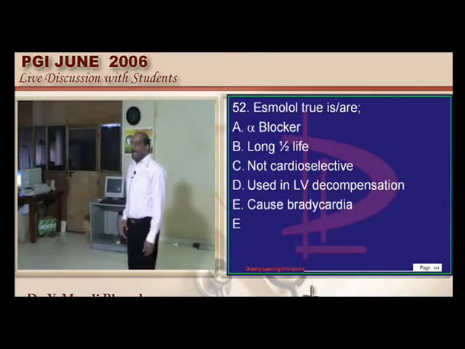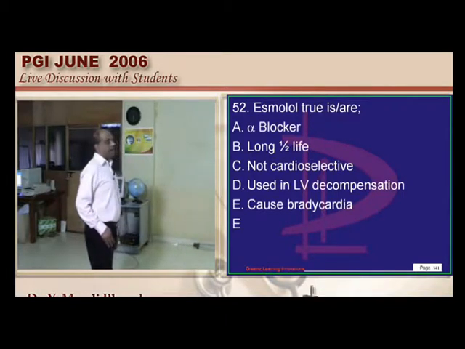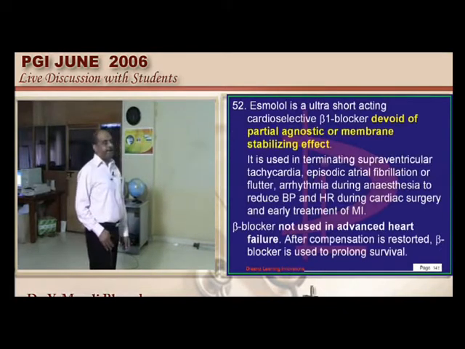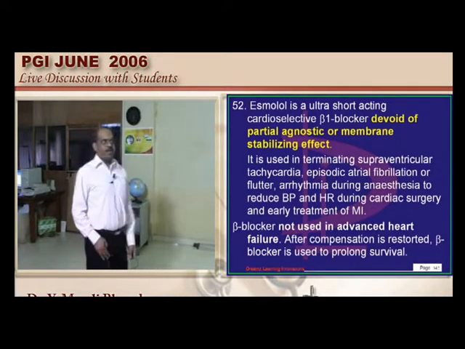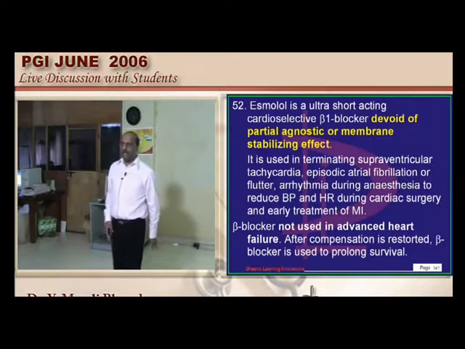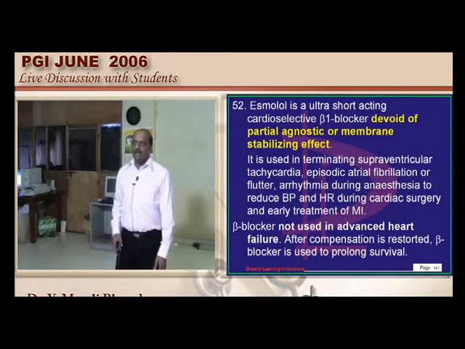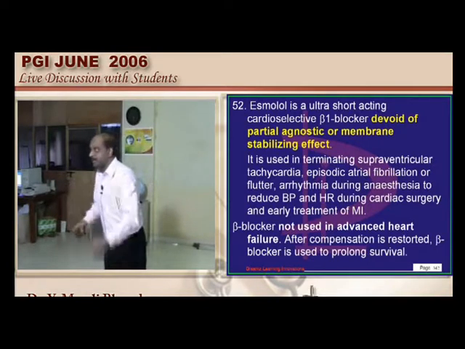Let us talk about esmolol, which is an important beta blocker, very selective. It is an ultra short acting cardioselective beta 1 blocker without any membrane stabilizing ability or partial agonistic activity. Basically beta blockers are divided into with and without membrane stabilizing activity, and based on their lipid solubility also beta blockers are divided.